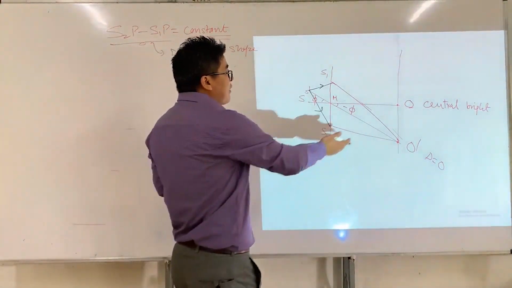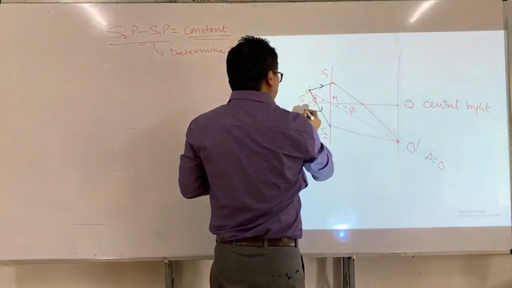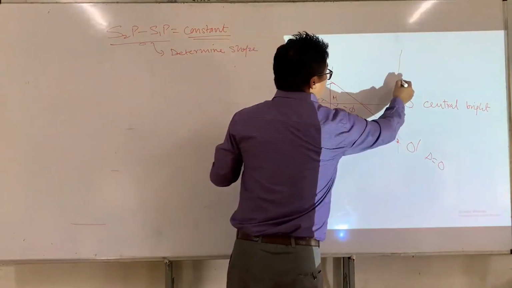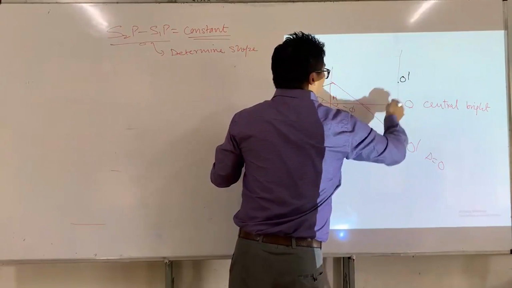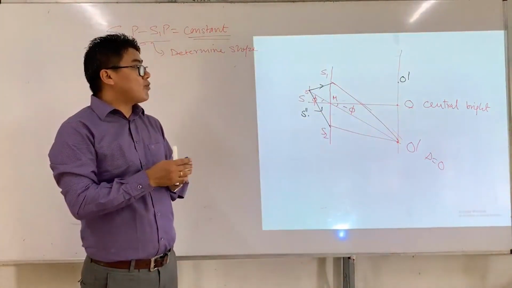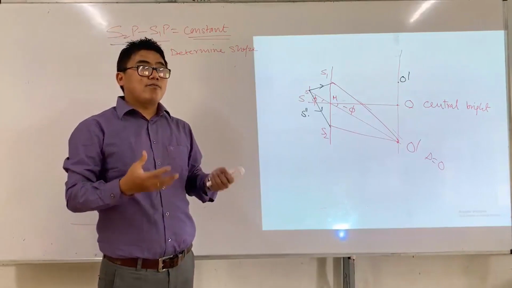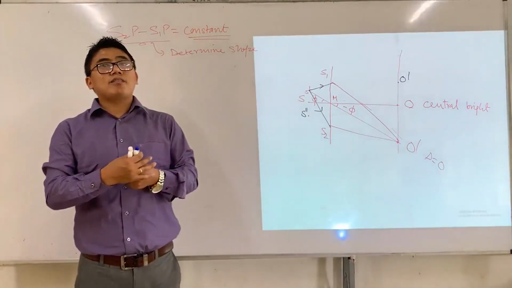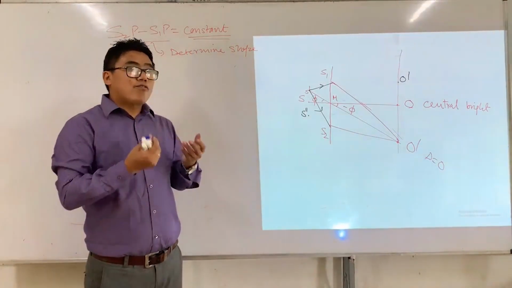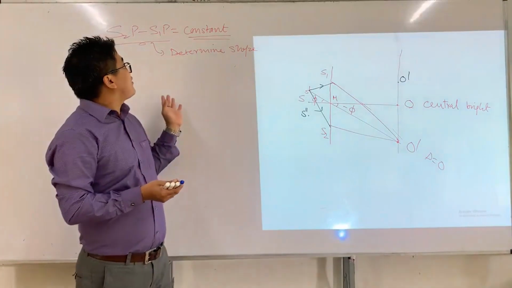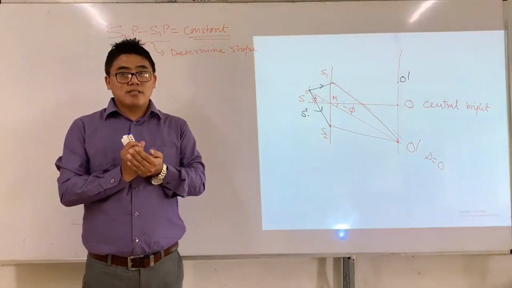Likewise, if I put this at S double prime, down, then the central bright would go up again with the same angle. So this is all about interference fringes or interference patterns, and this is a very important phenomenon of waves. With this, I come to an end of interference. Thank you.